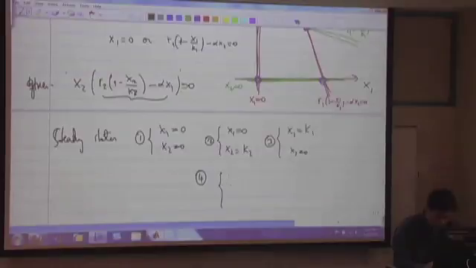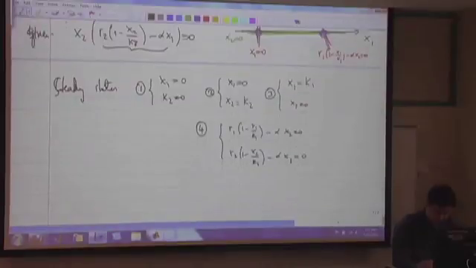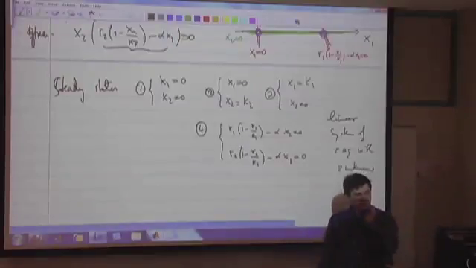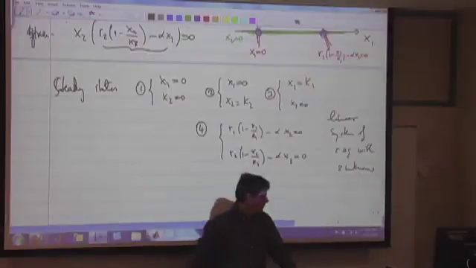So this would be solving r1(1 minus x1 over k1) minus alpha x2 equals 0, r2(1 minus x2 over k2) minus alpha x1 equals 0. Okay? And it's a system of two equations with two unknowns. So this is a linear system, actually. So you could actually do it even by hand if the constants would be nice.